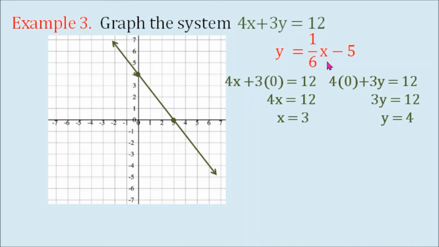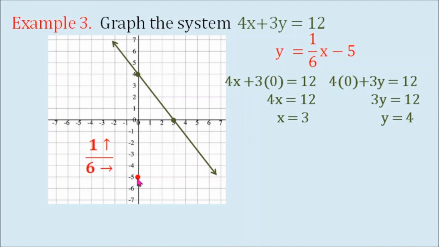Our second equation is written in slope-intercept form. So y equals 1 over 6x minus 5. So this means we are going to start with the y-intercept negative 5. It's here. Then we are going to use the slope 1 over 6 to find another point. So 1, the numerator, means the vertical movement or the rise. The denominator 6 is the run or the horizontal movement.